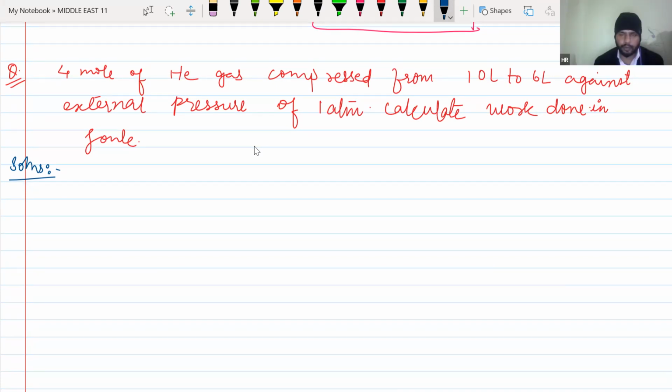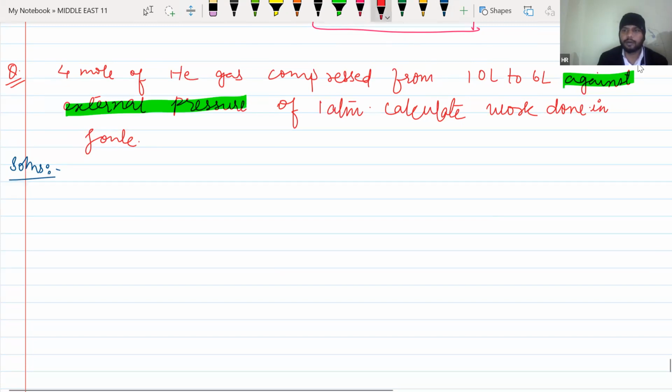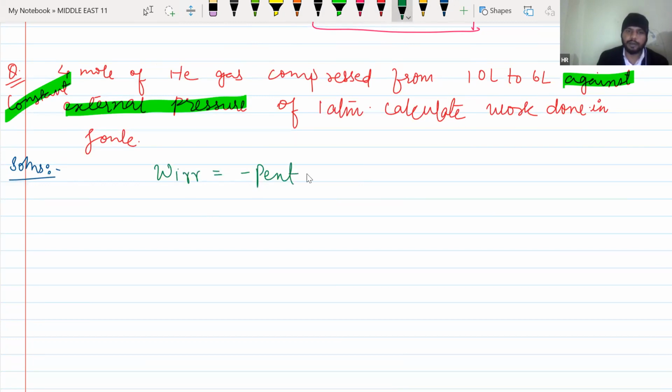Fawaz, have you got your answer? Nice, this is very easy for us. You can see against constant external pressure, I forgot to write that. That means irreversible process, and wherever it is irreversible process, there will be the formula P external into dV, change in volume.